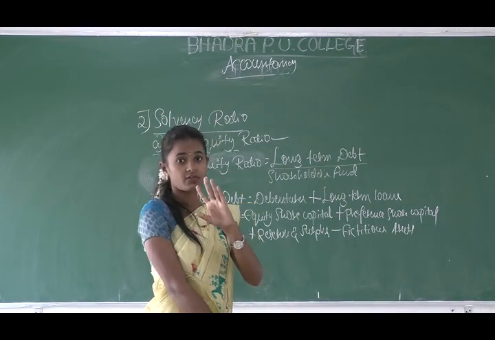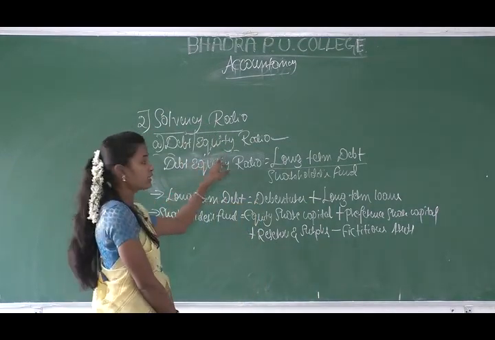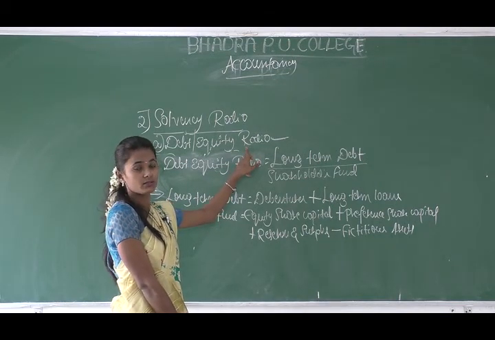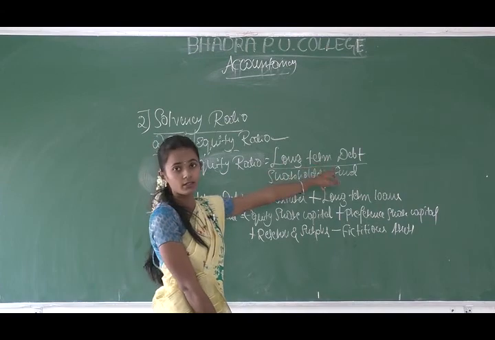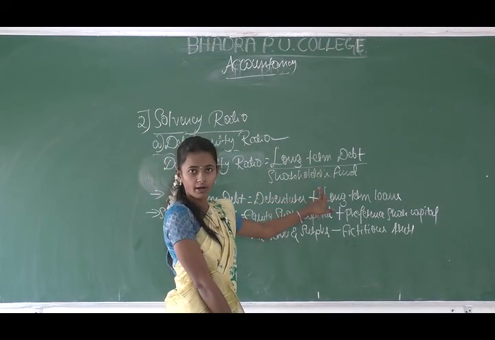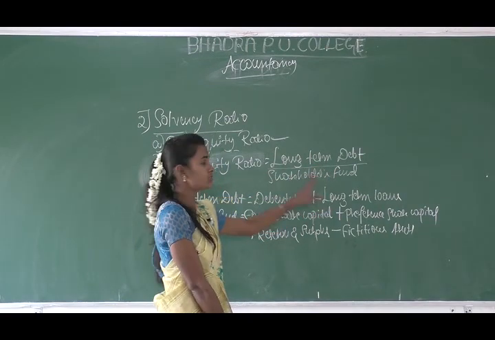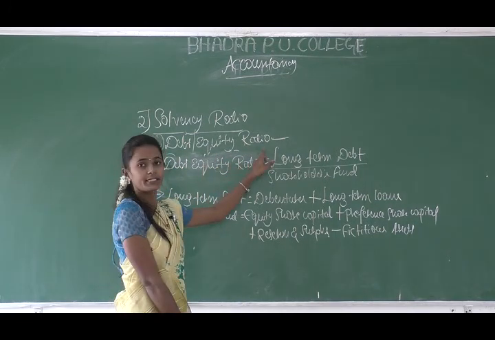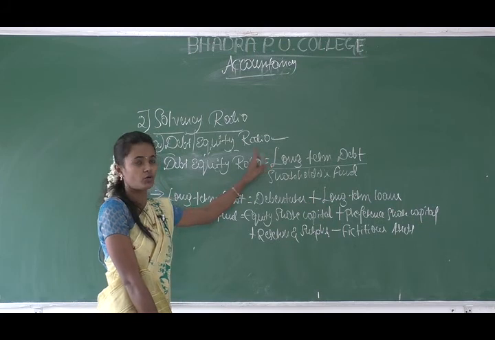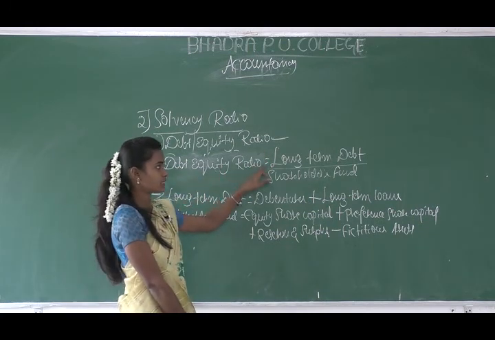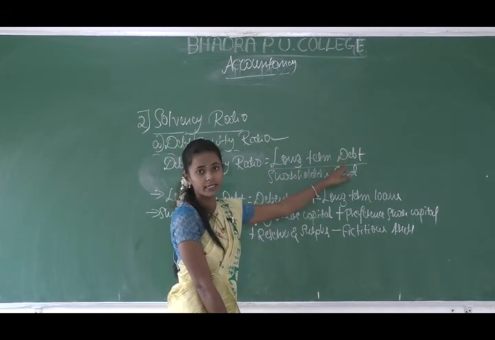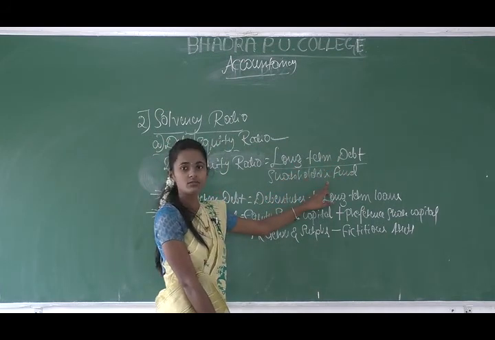Okay. So, now the first one, debt equity ratio. The meaning of debt equity ratio is, the ratio which expresses the relationship between long term debt and the shareholders fund, that ratio is called as debt equity ratio. Okay. So, to calculate a debt equity ratio we have a formula, that is debt equity ratio is equals to, meaning what I said, long term debt divided by shareholders fund.